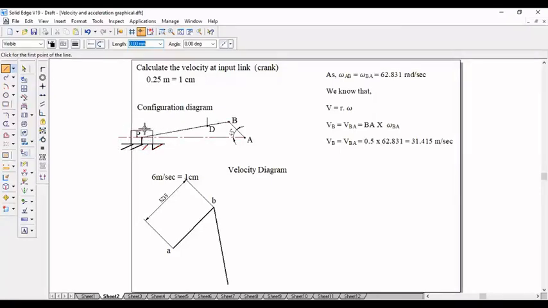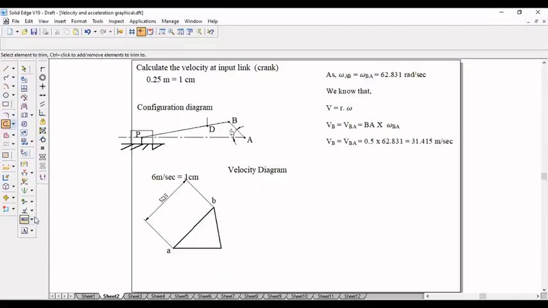When you are constructing from a, the piston velocity is perpendicular to the piston line in the configuration diagram. That piston line is vertical, so I am constructing the perpendicular line here, that is horizontal. Now where this meets, that is the point p. So I'll mention this point as p.